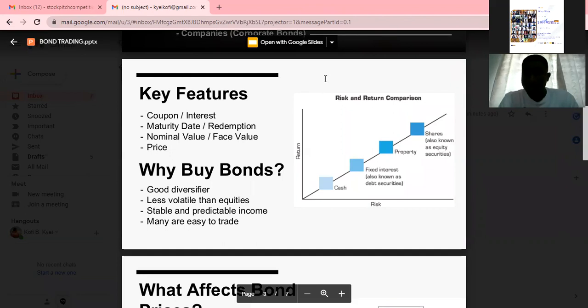So in that case, let's look at the graph on the right. So there is a risk and return comparison. Okay. So we can see that at the bottom of the return table, we see cash over there.